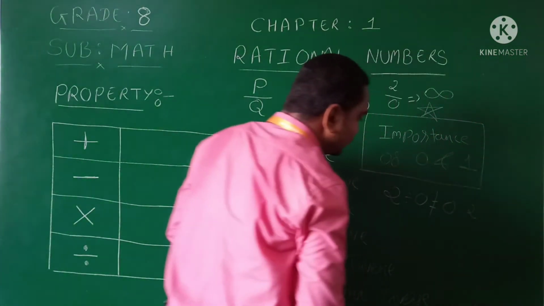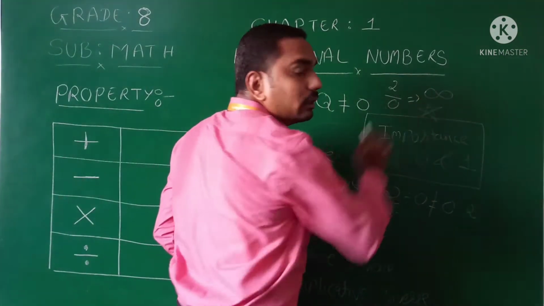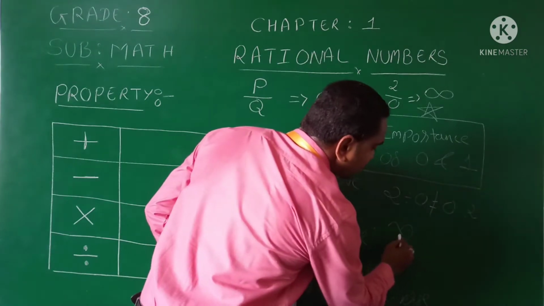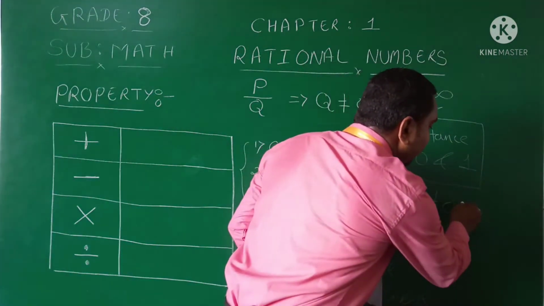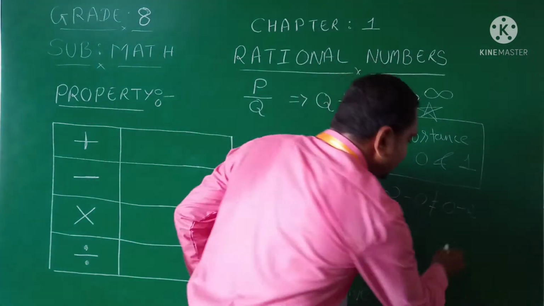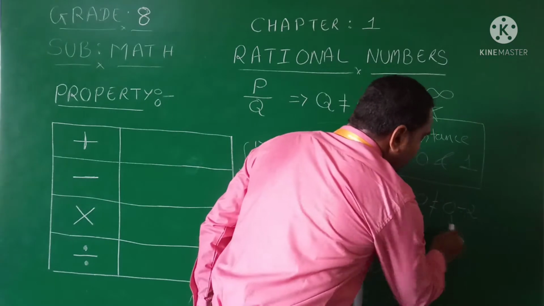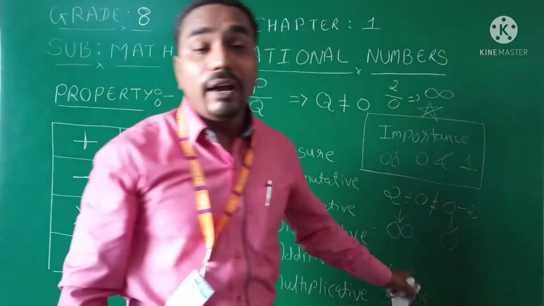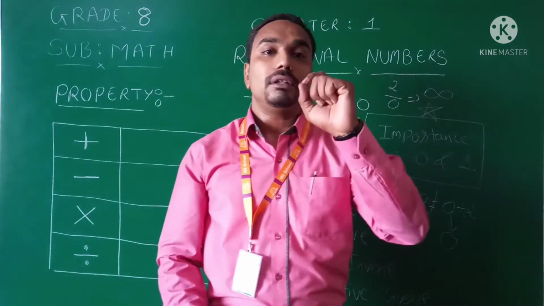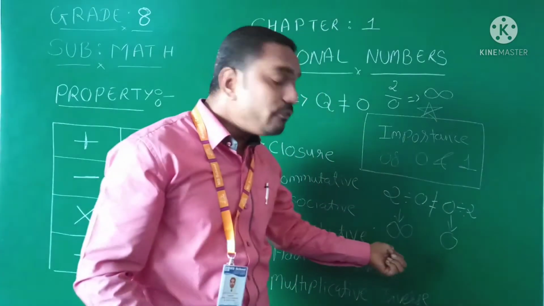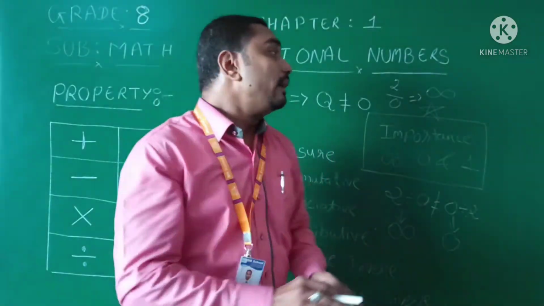Reason: let's take 2 divided by 0, which we took as the example, that is infinite. And 0 divided by 2 is 0. So here is a difference between infinite and 0. 0 numerically means nothing, but infinite means we cannot find the answer.